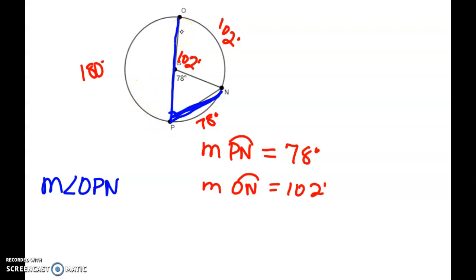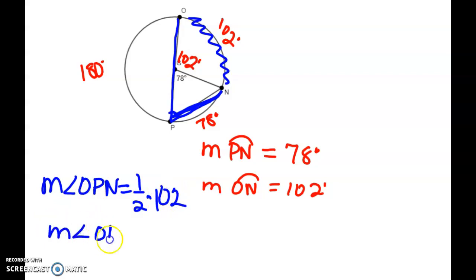And you can see the intercepted arc is right here. Where this line and this line meet is the angle, and the intercepted arc is 102. So when I find this, I'm going to take half of 102 because it's an inscribed angle. So the measure of OPN will be 51 degrees.